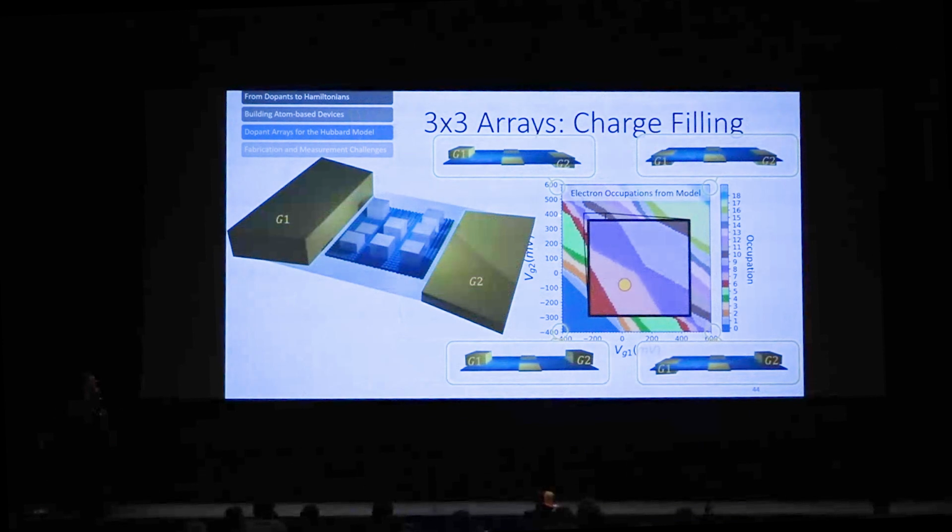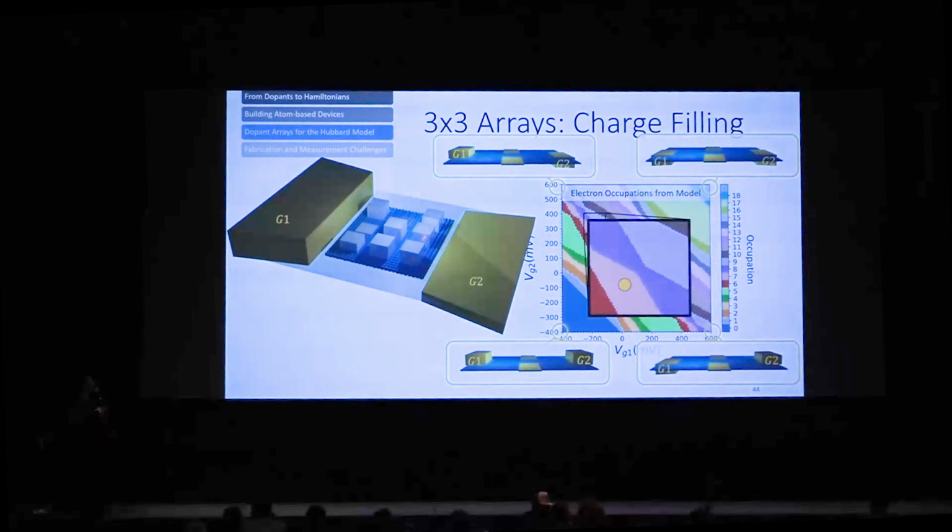So just to walk through how this electron occupation works in a little bit more detail, you can imagine starting here in gate space, so we've just zoomed in on some region, and so here's sort of the configuration of our two gates.